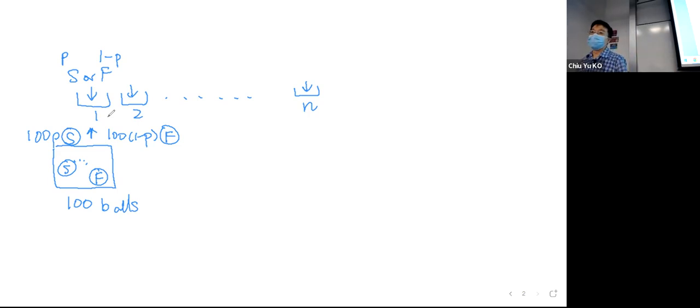Sometimes we call this sampling with replacement. We look at the thing and put it back. This would fit many scenarios if they're independent.